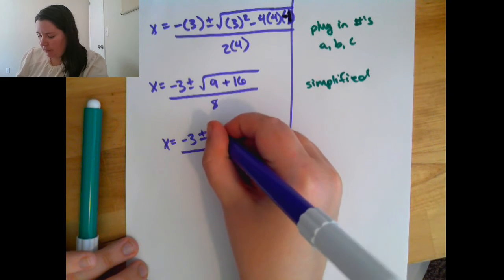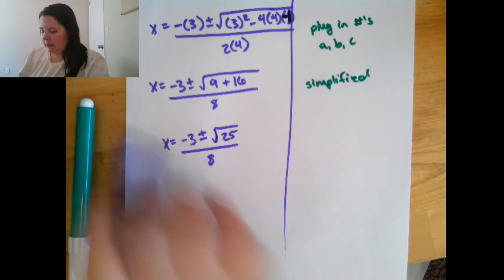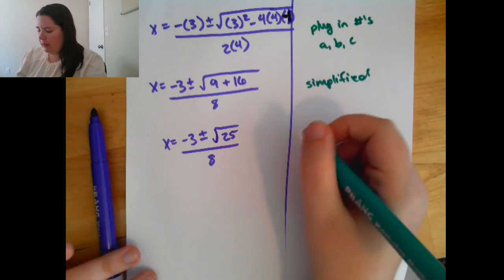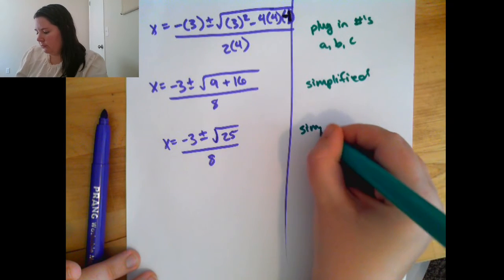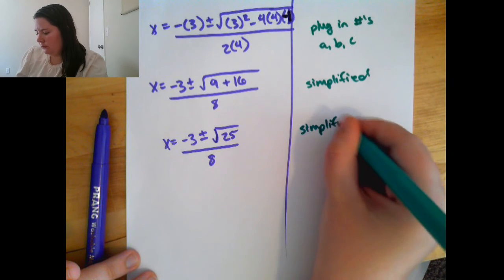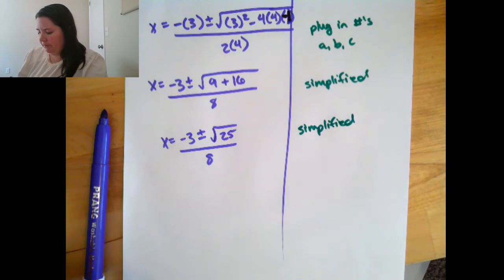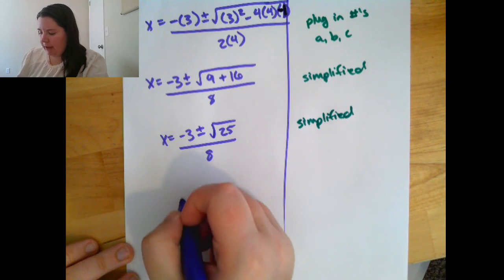Sometimes when you're working problems, this is where you have to stop. In this case, we know the square root of 25, the number times itself to get 25. Again, all I did there is I just simplified. I put together what I could. So the square root of 25 is 5.